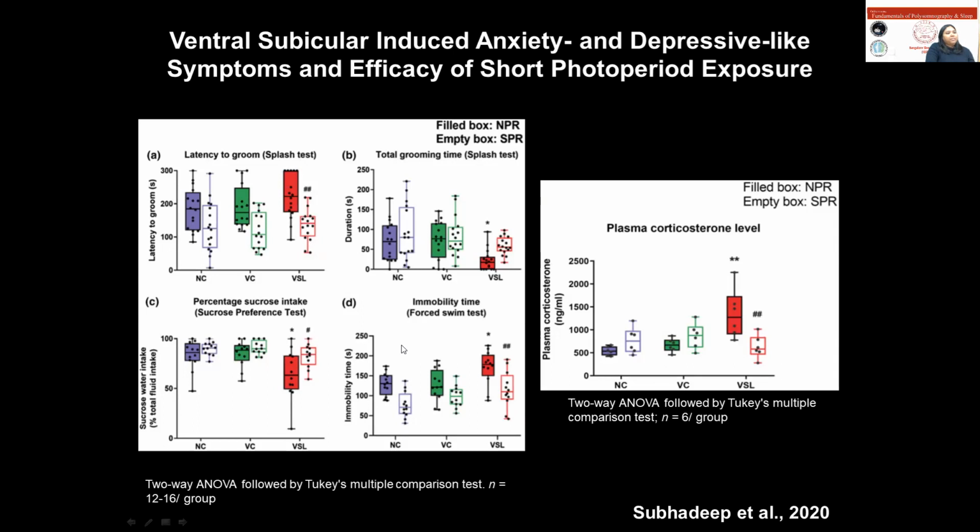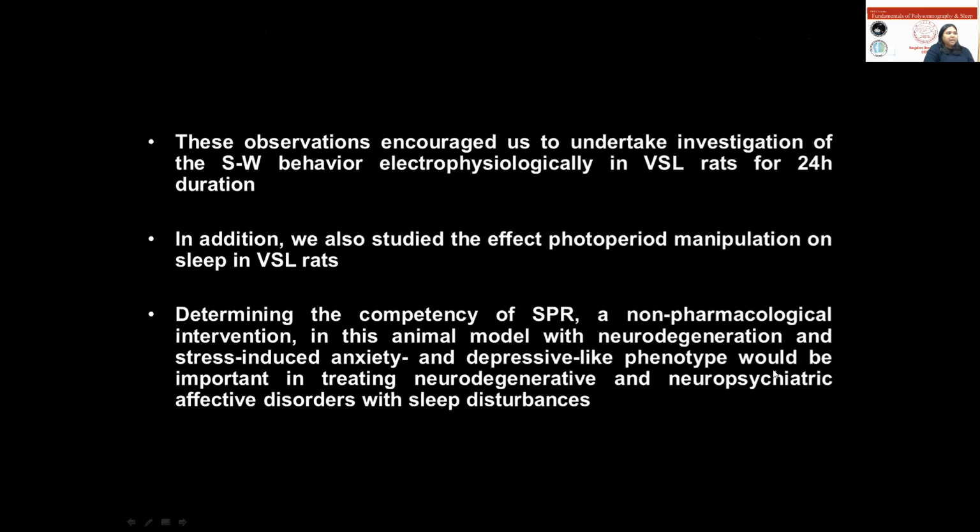In the forced swim test, VSL rats showed longer time being immobile, and it was improved with exposure to SPR. We also looked into plasma corticosterone levels in different groups, and it was elevated in VSL rats and reduced following exposure to SPR.